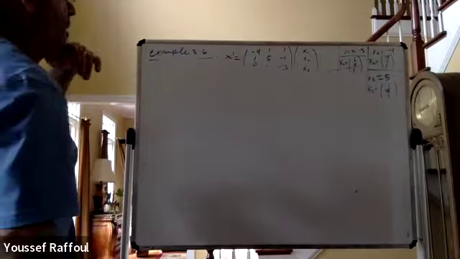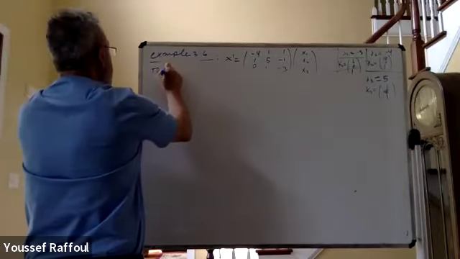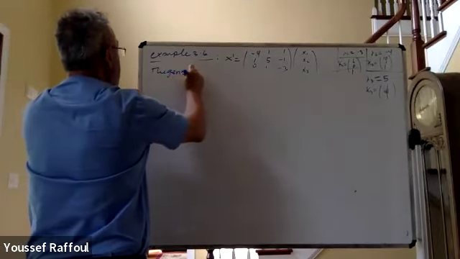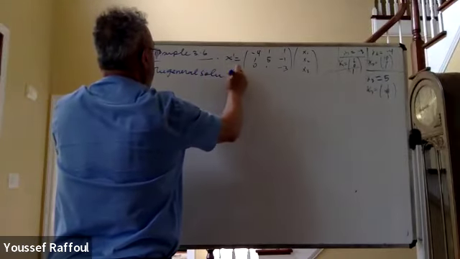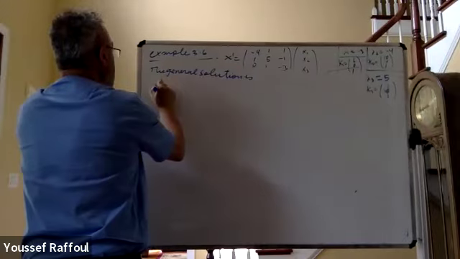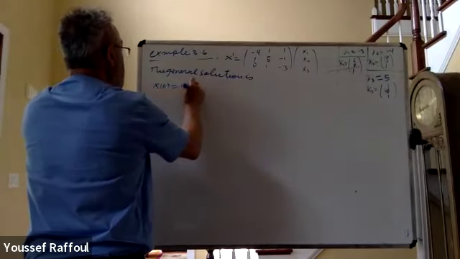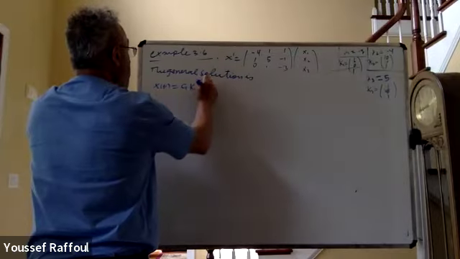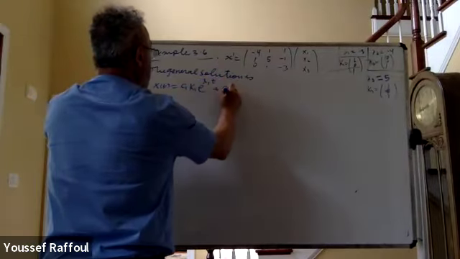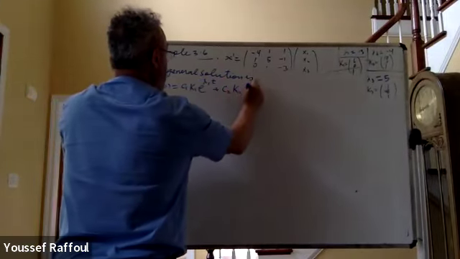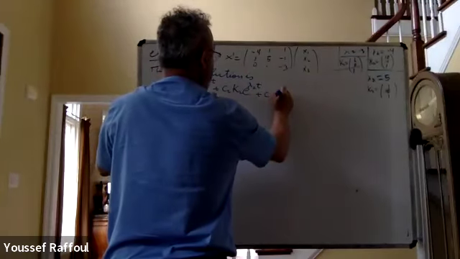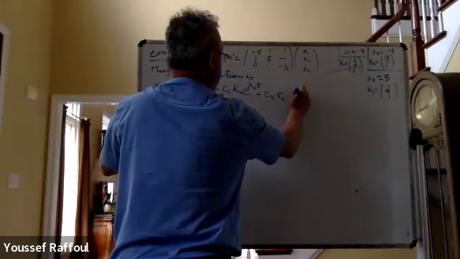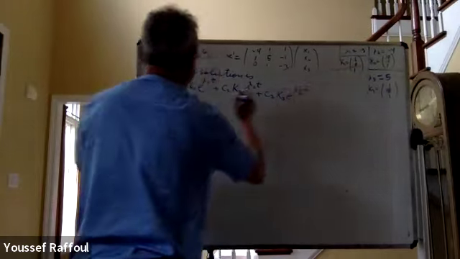Okay. Now, so the general solution is x of t equals C1 K1 e to the lambda 1 t plus C2 K2 e to the lambda 2 t plus C3 K3 e to the lambda 3 t.